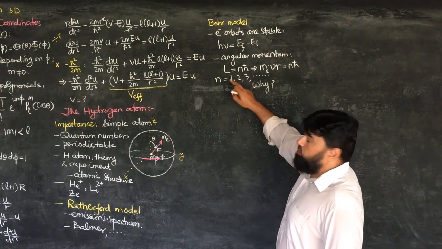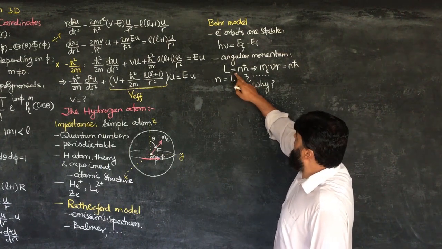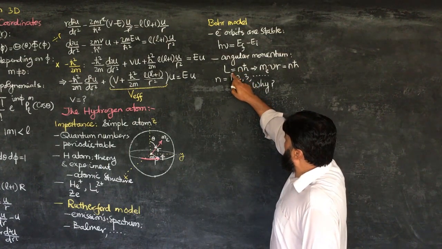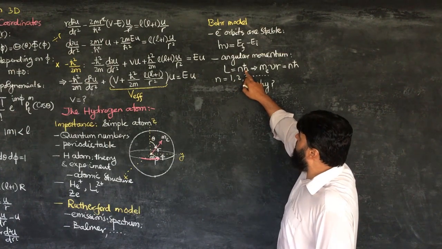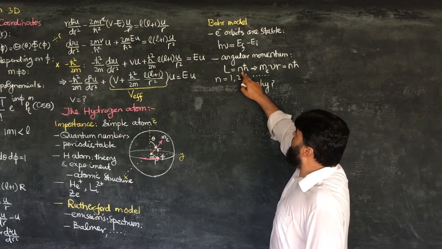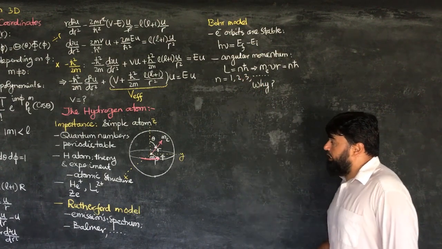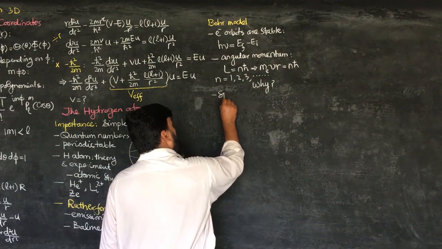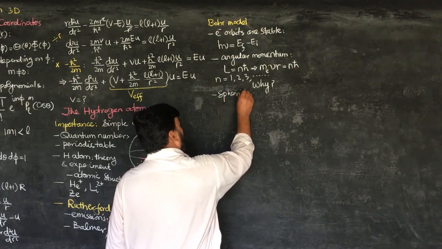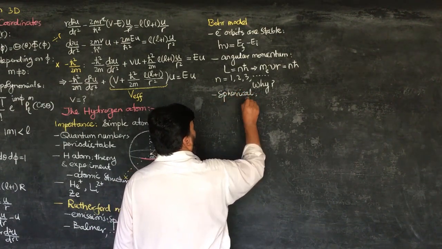So the fixed orbits will be such that when the angular momentum is h bar, that orbit will be the first orbit. When it is 2 h bar, that will be the second orbit, and all these orbits are spherical in nature.